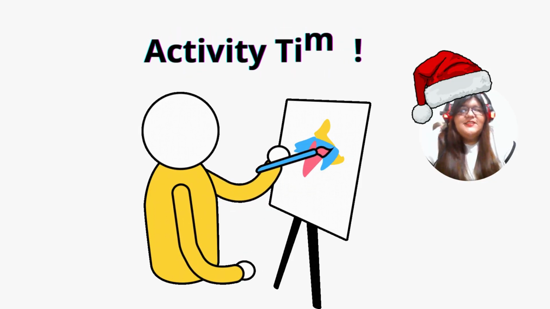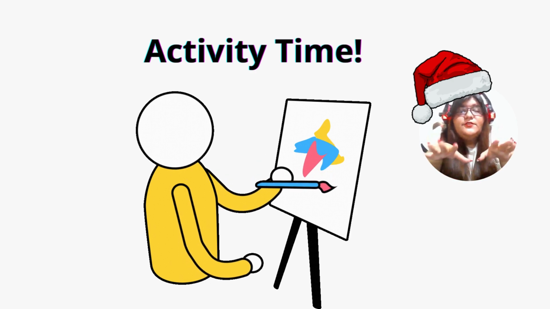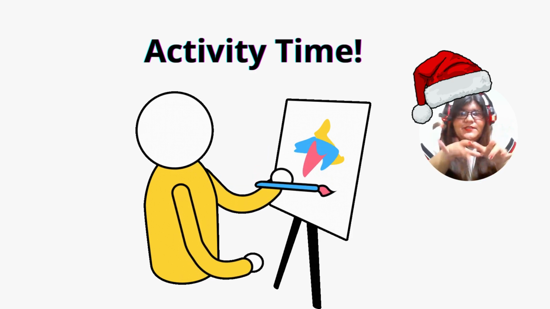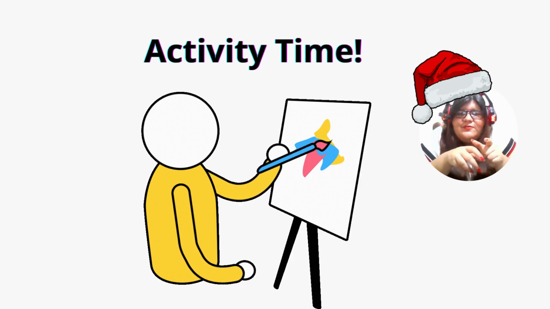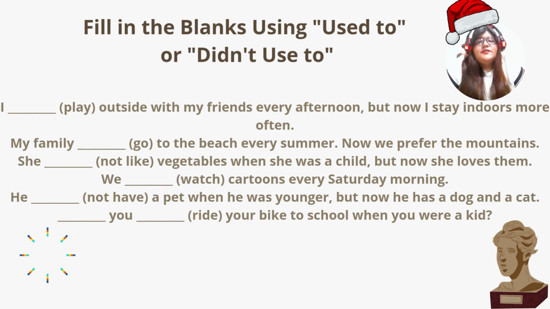So now, guys, after all that explanation and the usage of used to, it's time for an activity. Please don't be afraid and prepare your fingers to write those answers in the comments. I'll be reading. So the exercise says: fill in the blanks using used to or didn't used to. I play outside with my friends every afternoon, but now I stay indoors more often.